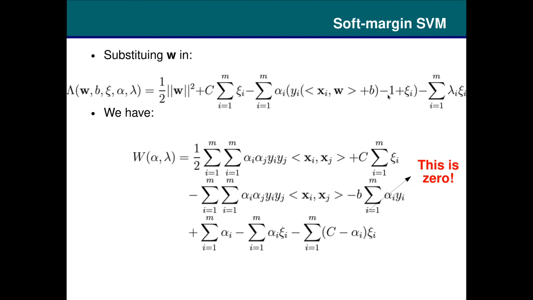Again, I will have here -1 times alpha times this -1, so it's going to be plus alphas. I've also got some alpha times psi with a negative sign. Alphas times psi with a negative sign. And of course, here, I can substitute this lambda by C minus alpha.